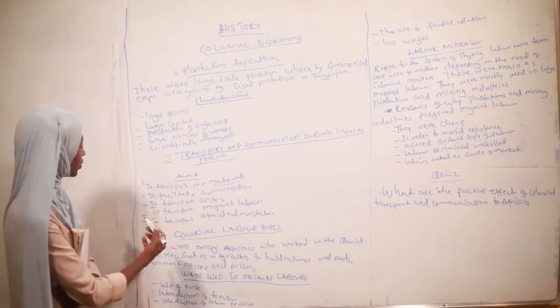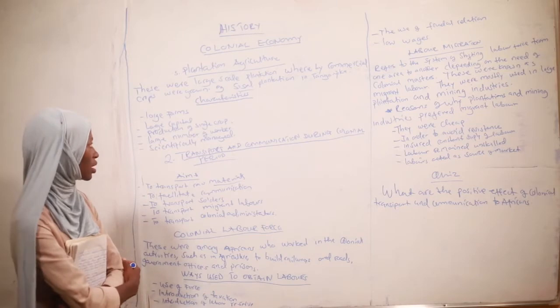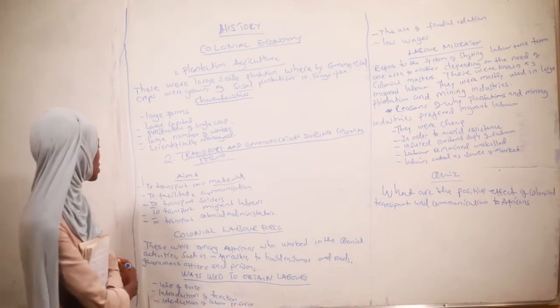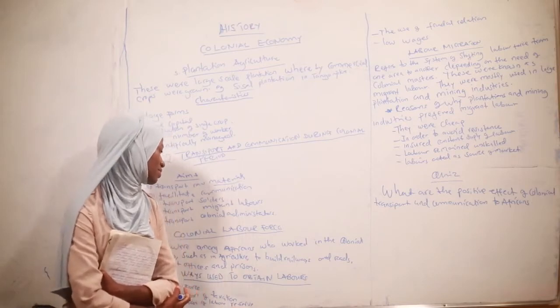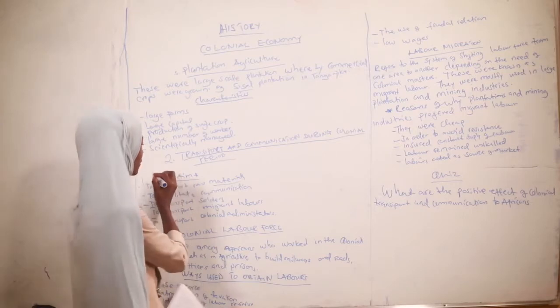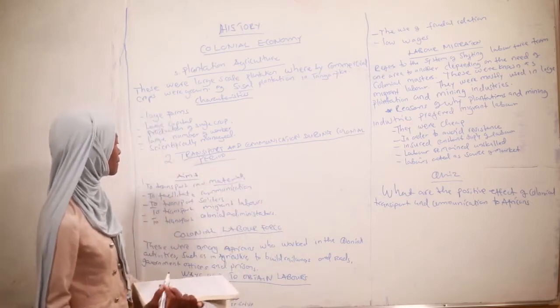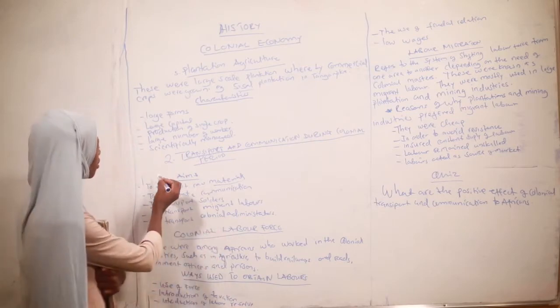Another use or aim which made colonialists come up with transport and communication is to transport migrant laborers. Migrant laborers were laborers who were moving from one place to another. The common areas in Tanzania during the colonial period were Kigoma.